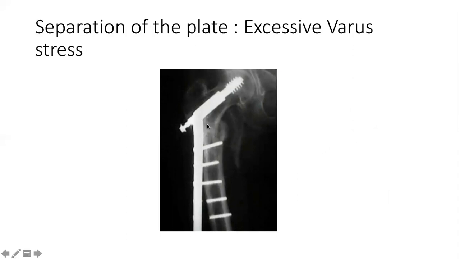But another thing to consider here is that many patients in our subcontinent have a neck shaft angle of less than 135 degrees. Some have even a neck shaft angle of 125 degrees. Now, if a 135-degree implant is placed in a neck shaft angle of 125 degrees, that will increase the varus stress over the plate, and that may eventually lead to separation of the plate from the bone itself.